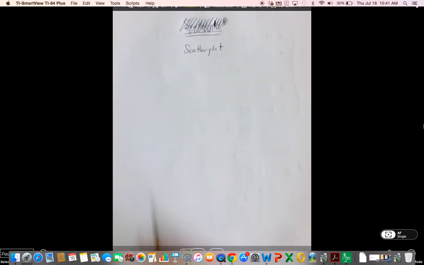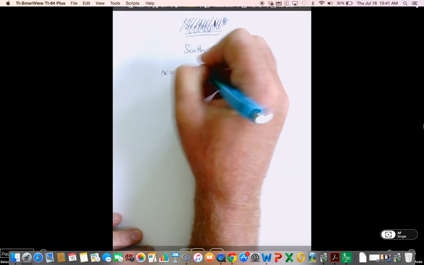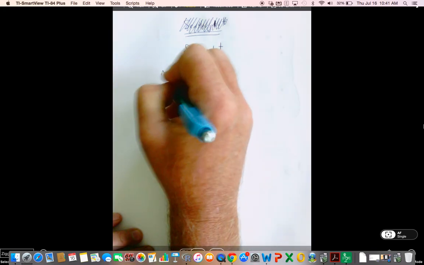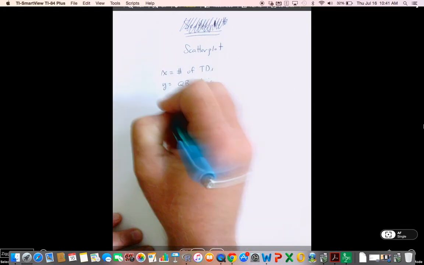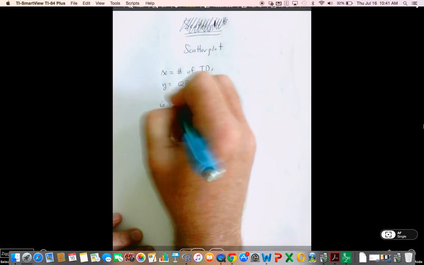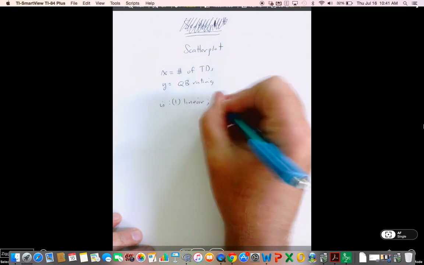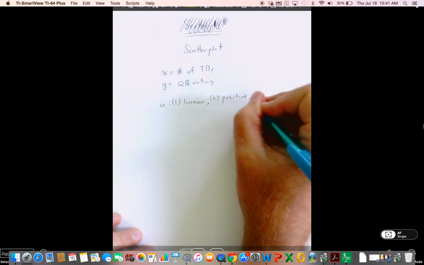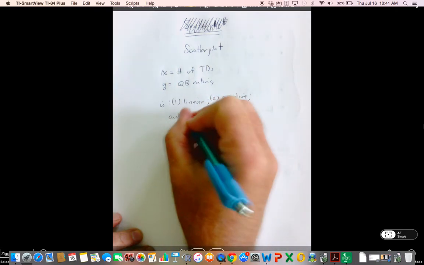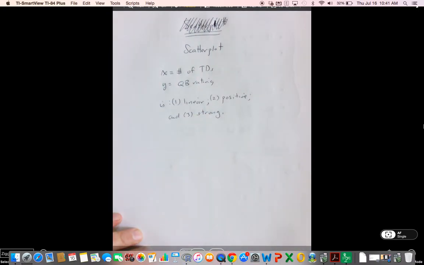Our scatter plot for X equal number of TDs and QB rating is linear, positive, and strong.